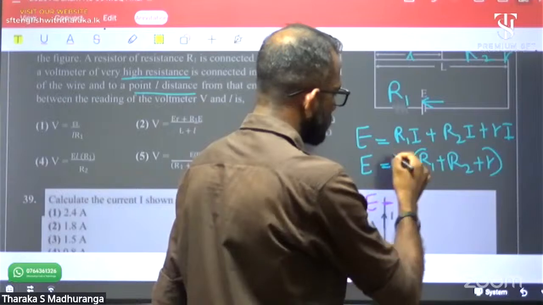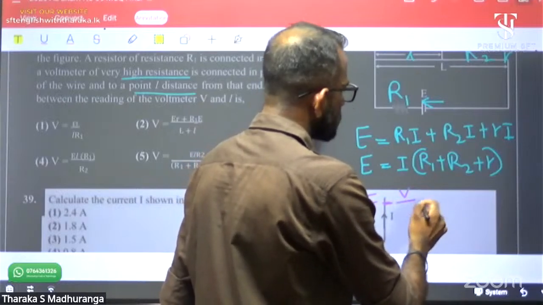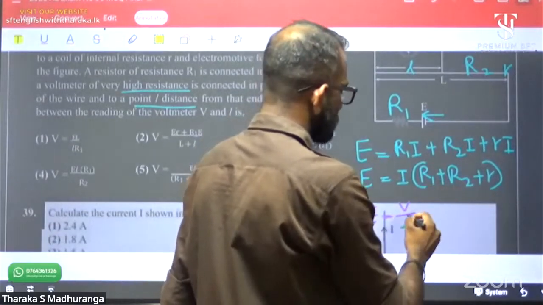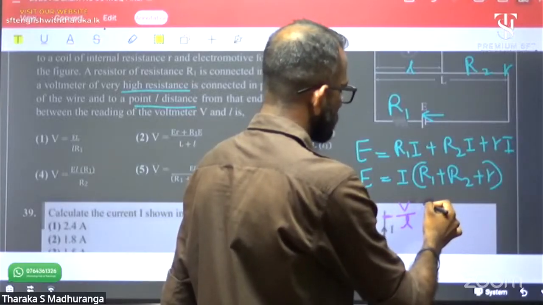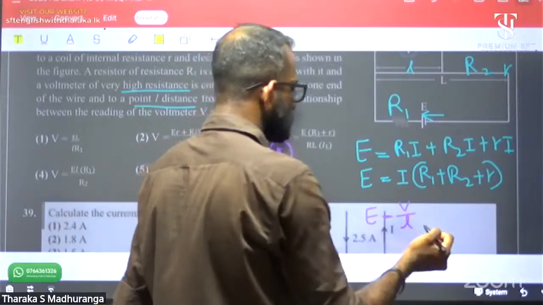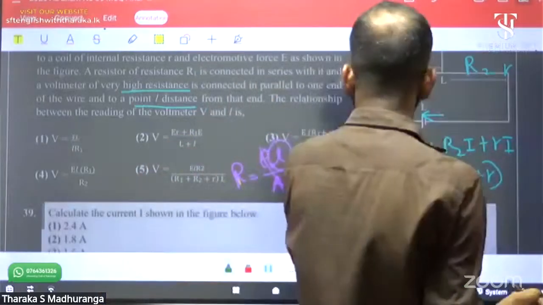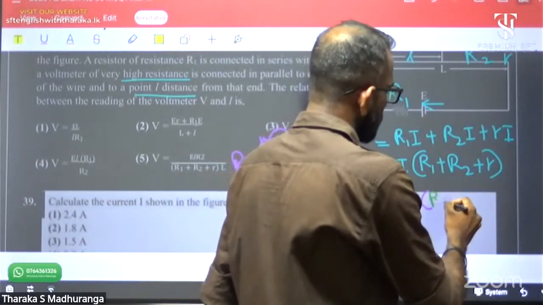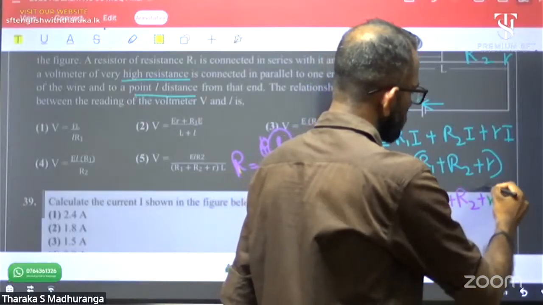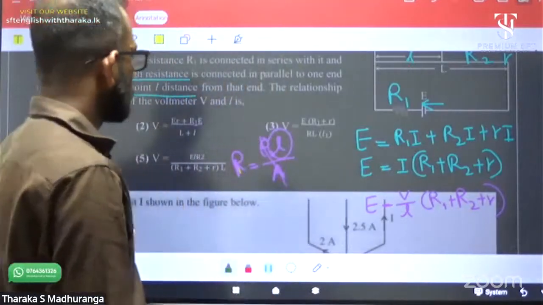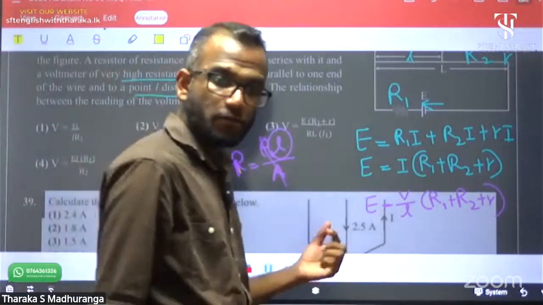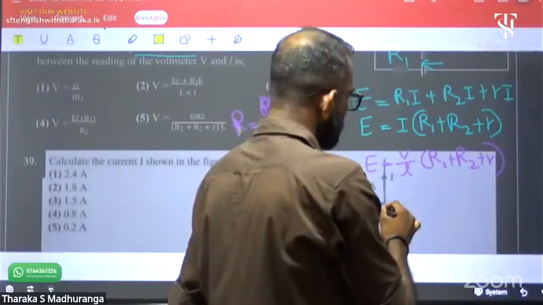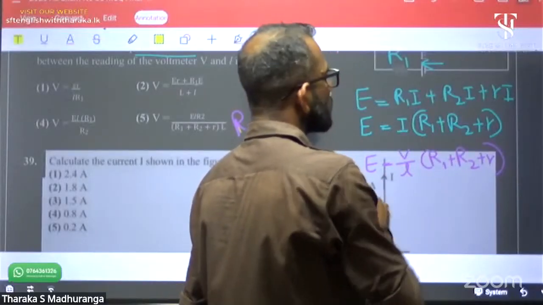E equal V over simple L, over R1 plus R2 plus simple R. Now the question asks to isolate V. V equal, again stuck, sorry.